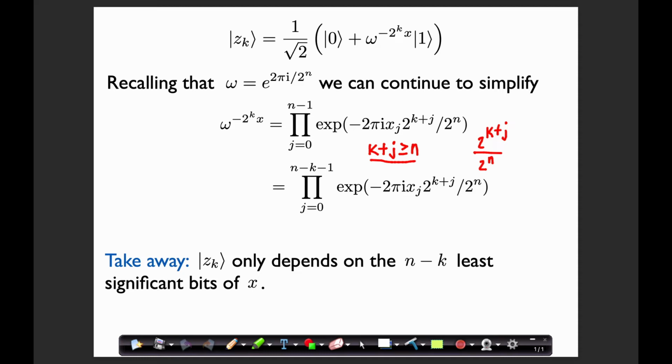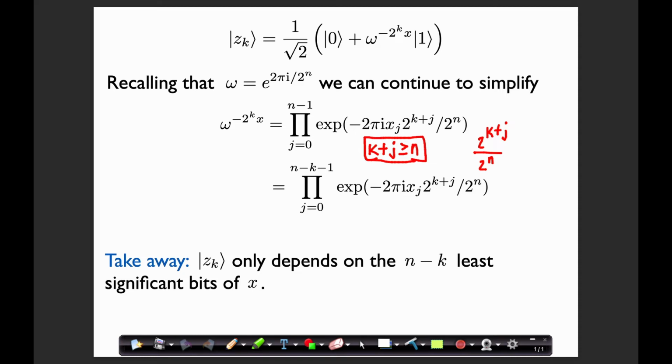So what that means is that we can restrict this product just over the range where j is 0 to n minus k minus 1. Because these terms where k plus j is bigger than or equal to n, in other words, where j is bigger than or equal to n minus k, those terms are just 1, so they don't contribute to the product.